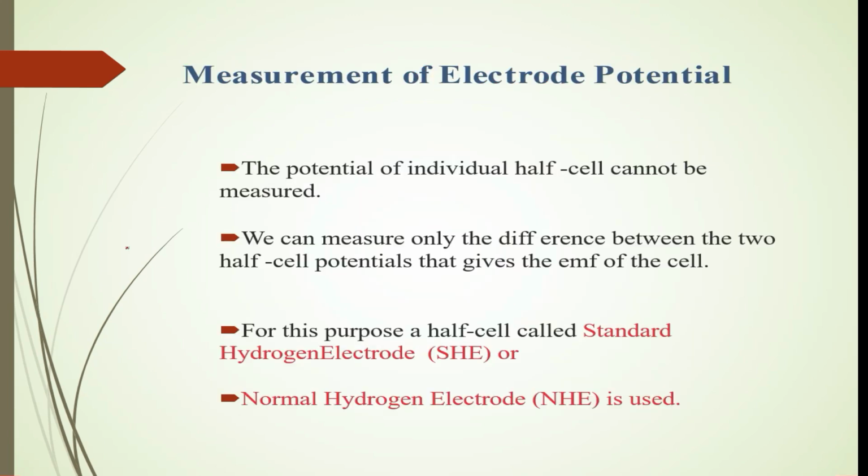Measurement of electrode potential. We can measure this electrode potential by using a standard hydrogen electrode or normal hydrogen electrode. In that cell we use two electrodes: one is a reference electrode, the other is an indicator electrode. With respect to the standard hydrogen electrode we determine the cell potential.